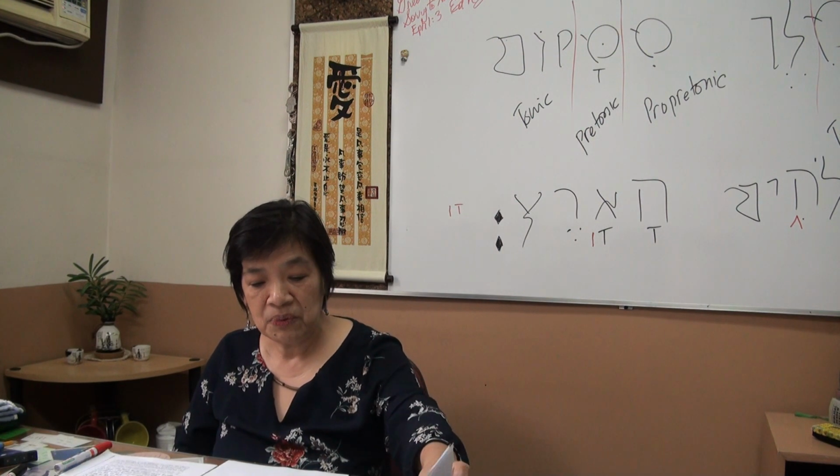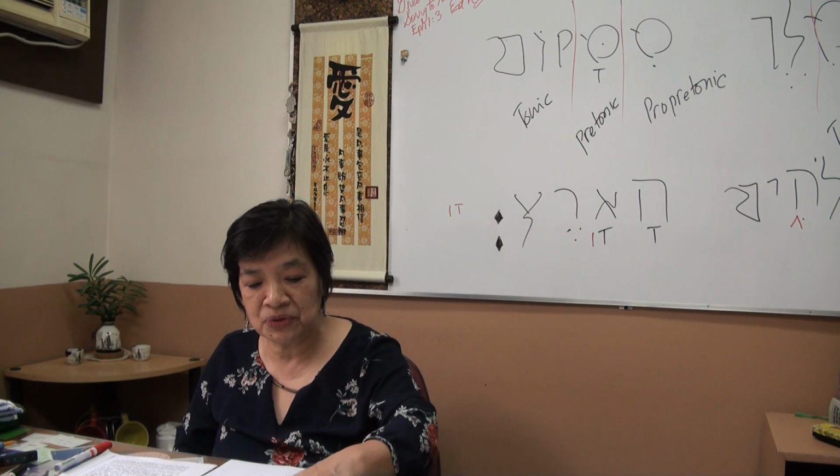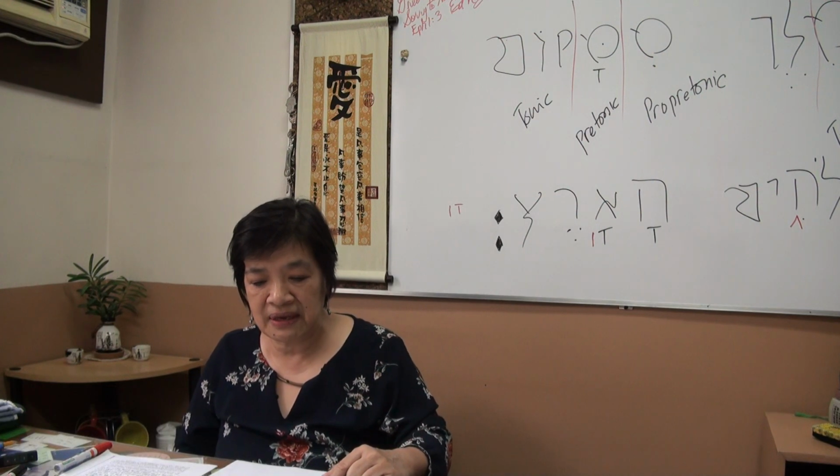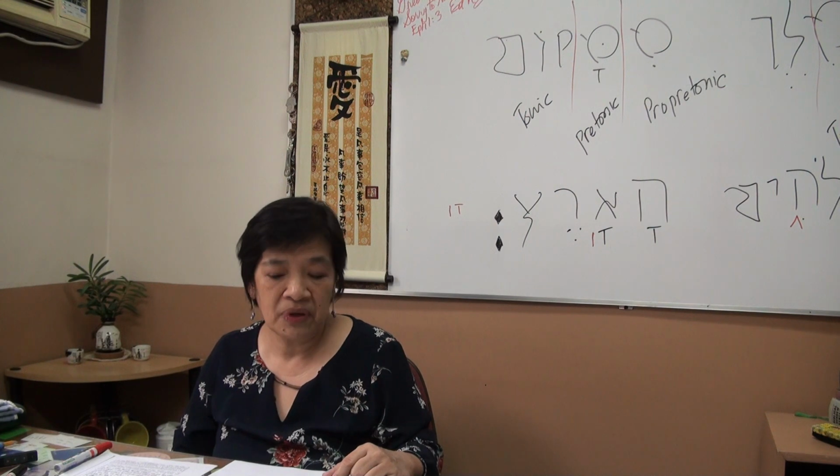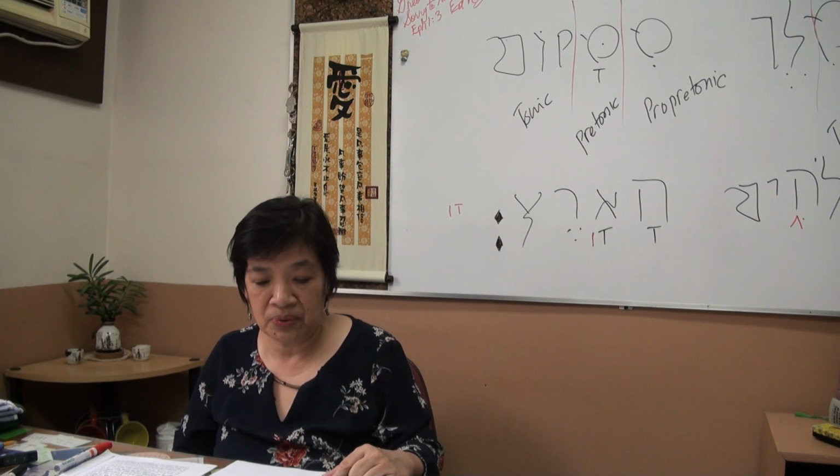We continue. We talk about kametz hatuf. How do I know if it's a kametz, a long A, or a kametz hatuf, which means a short O?